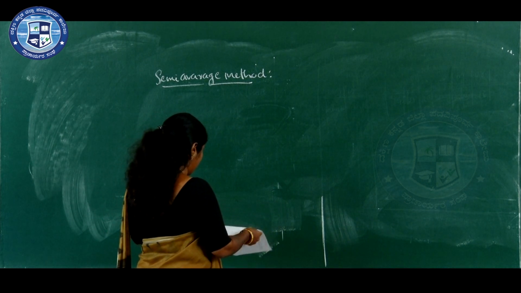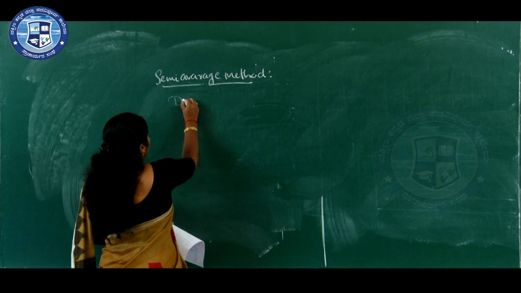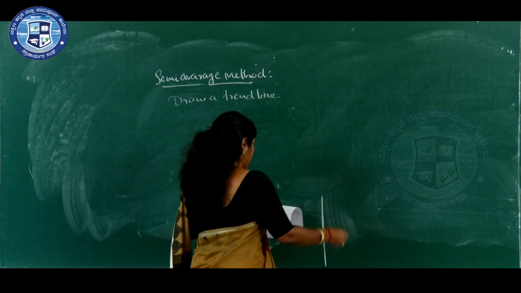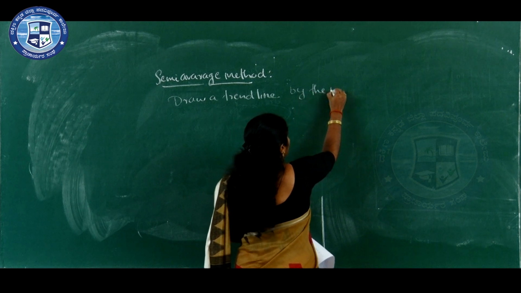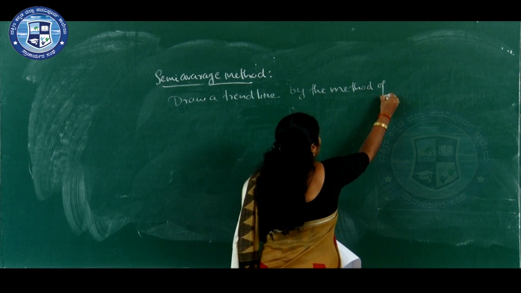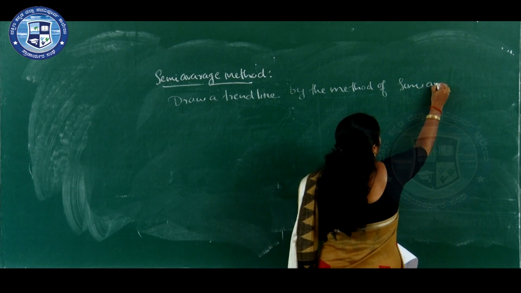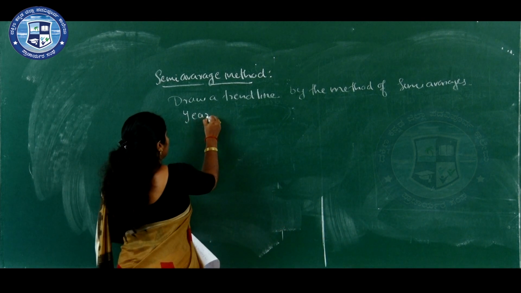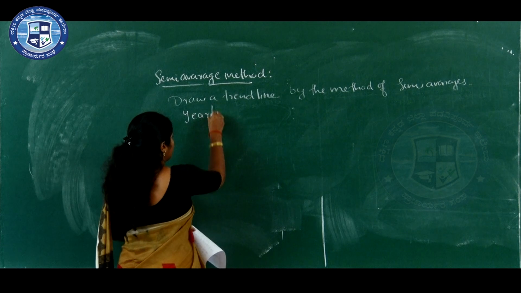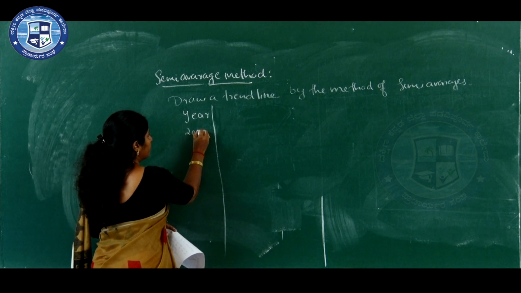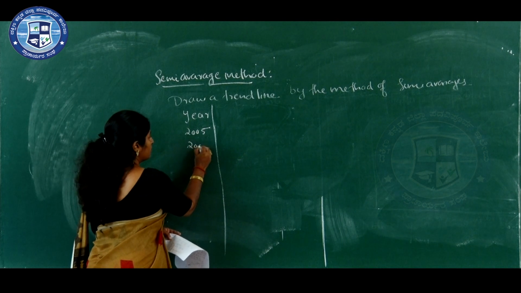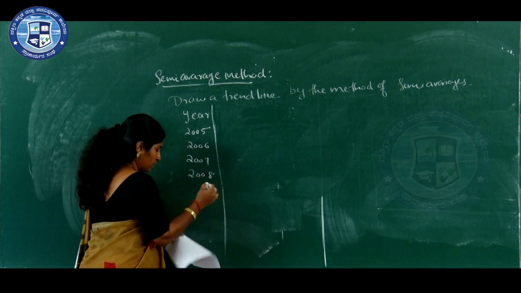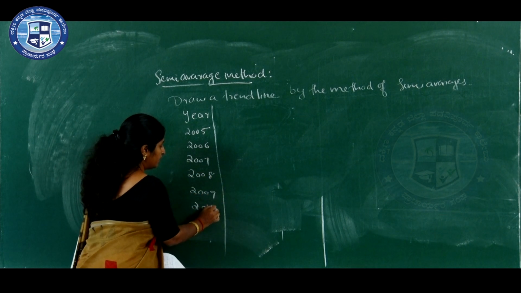Now let us consider one example. Draw a trend line by the method of semi-averages. The years are 2005, 2006, 2007, 2008, 2009 and 2010.